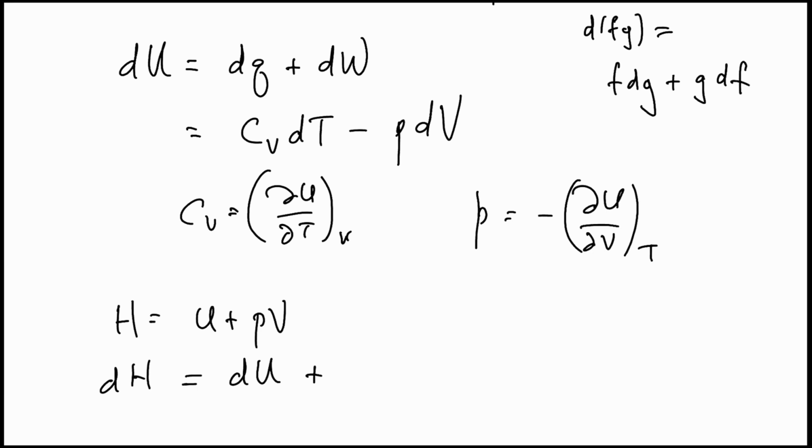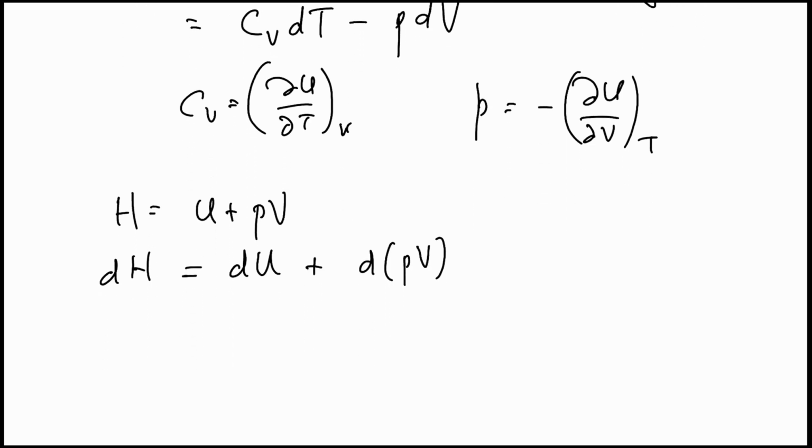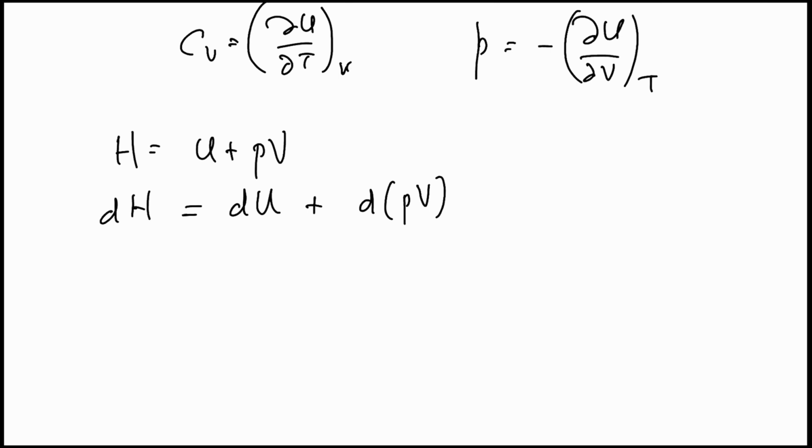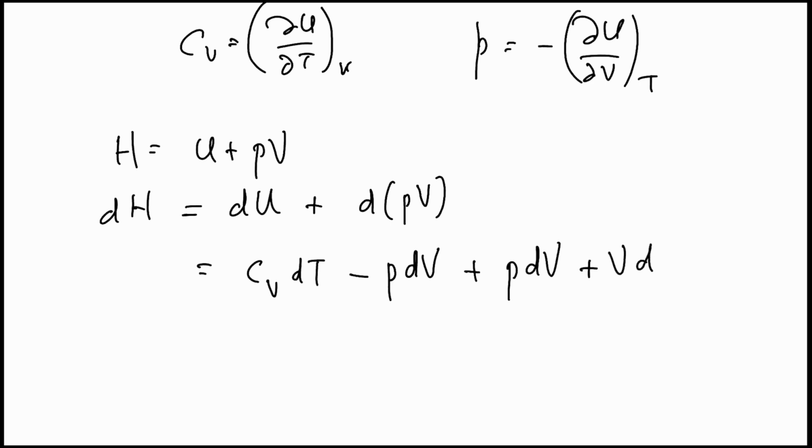That's how I take the differential of a product of things, right? So if I take the differential of H, I have to take the differential of the PV term that I stuck on there. And so I have my C sub V dT minus P dV, and then I have plus P dV plus V dP.